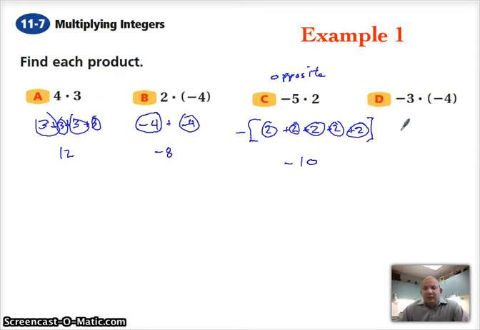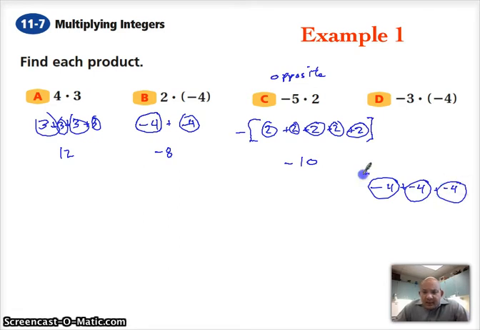Here we have our last problem, the opposite of 3 groups of negative 4. So a negative 3 times a negative 4 means you're taking the opposite of 3 groups of negative 4. Well, let's make 3 groups of negative 4 first. We have negative 4 plus negative 4 plus negative 4.